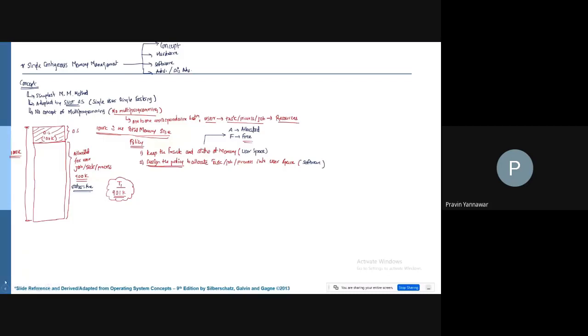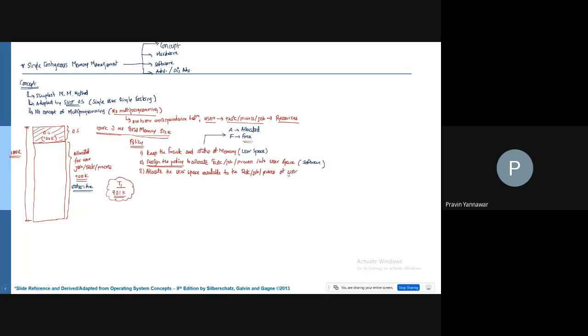So once we design the process, then the third point is to allocate the available user space to the task, job, or process of the user.